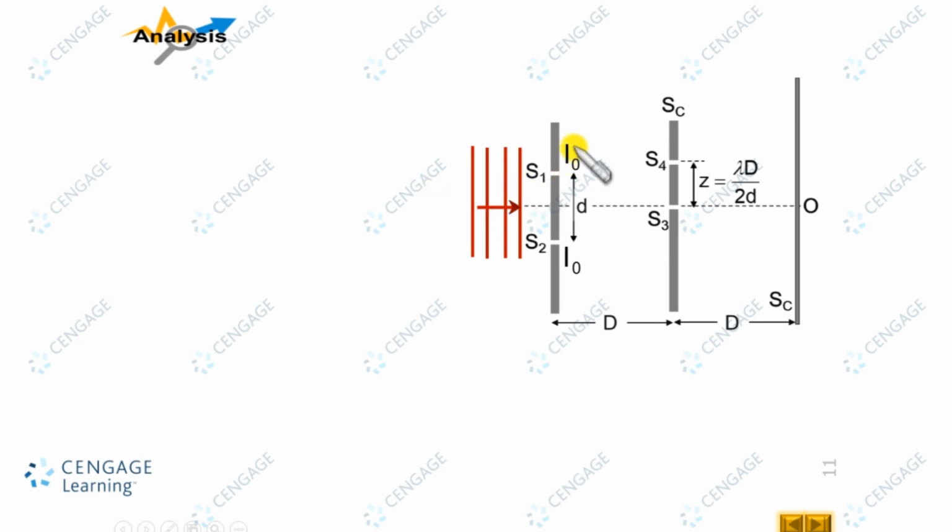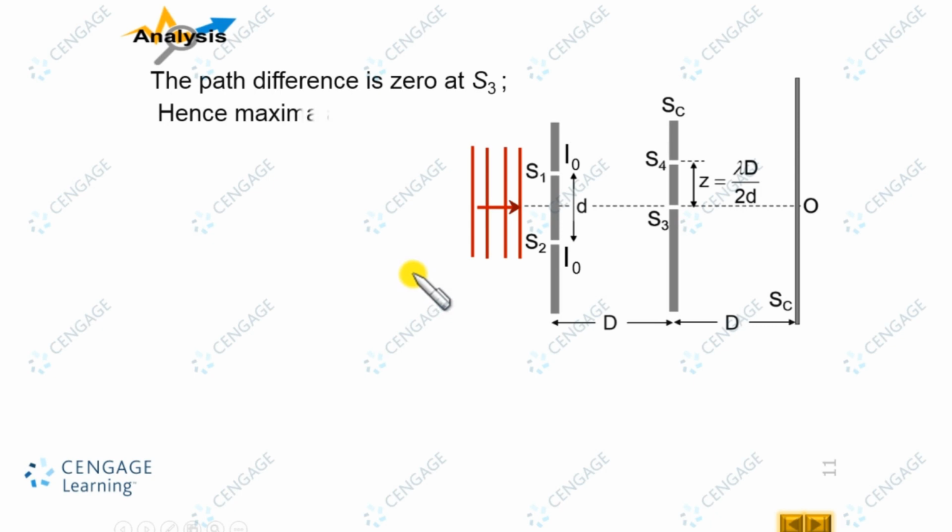Let us consider the intensity of the wave coming out from S1 and S2 is I naught, and when it reaches S3, the path difference will be 0. That means we will have the maxima at S3, and we know the intensity of the central maxima is equal to 4 times the intensity of any of the slits, that is I naught. That means 4 I naught is the intensity at S3.